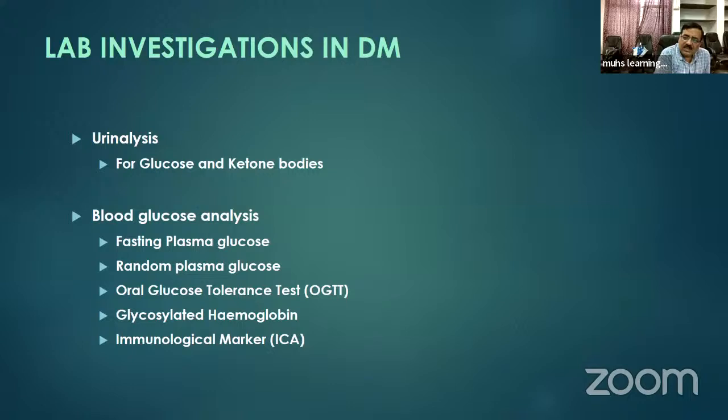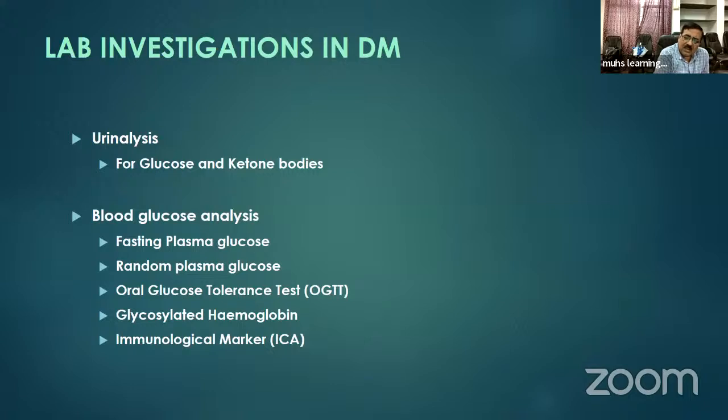The reliable sign is measuring sugar, fasting and PP, measuring the HbA1c, measuring the oral glucose tolerance test, and then immunological markers such as GAD65, to see if the individual is suffering from autoimmunity, which he has acquired at birth. So these are the ways we have to do.